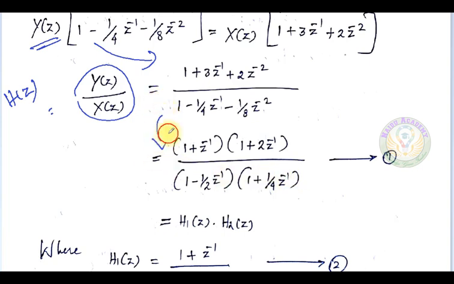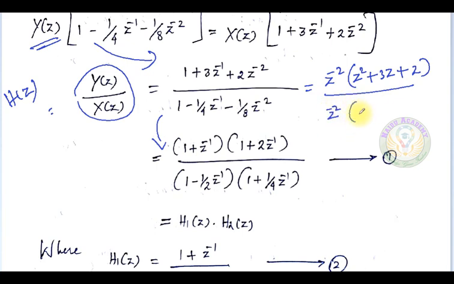Now how did this step come from the previous step? There are some intermediate steps, I will write them down here. This is equal to z power minus 2 times z squared plus 3z plus 2, over z power minus 2 common in the denominator, which becomes z squared minus 1 by 4 z minus 1 by 8. If you multiply this inside, you will get this.